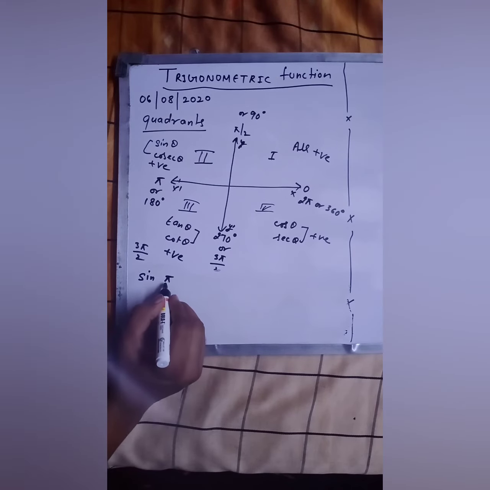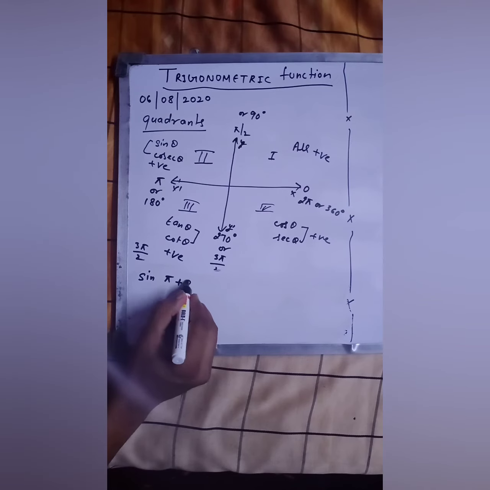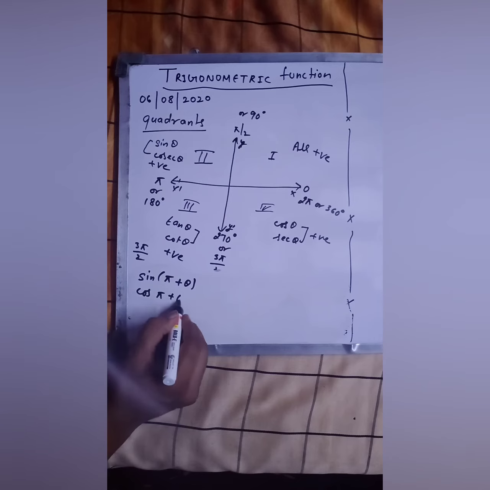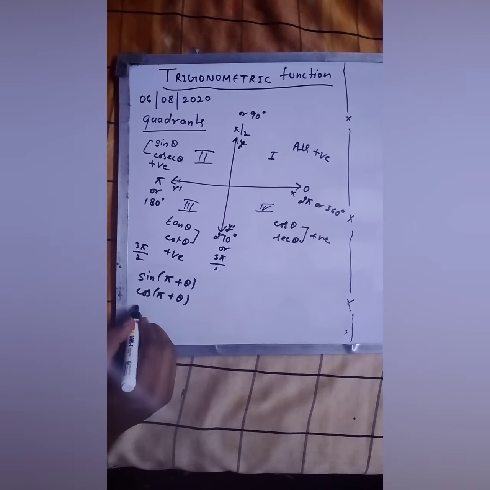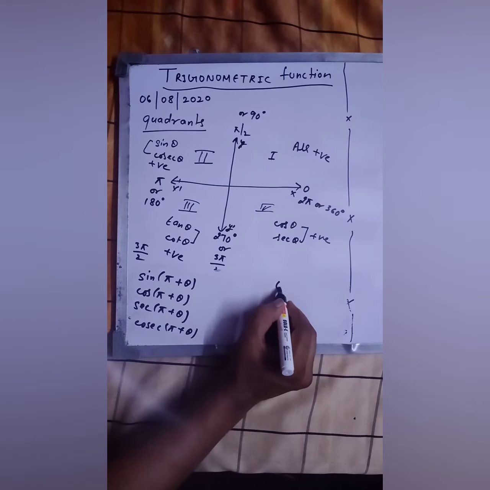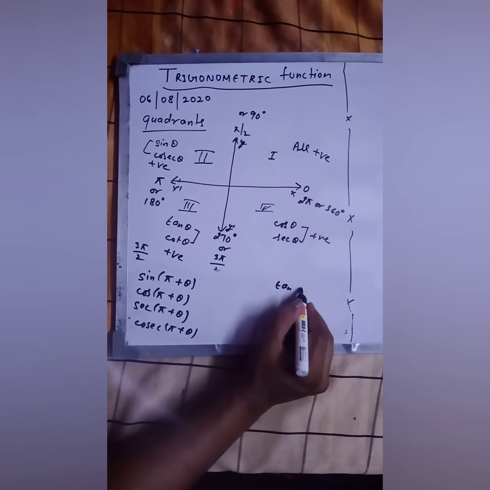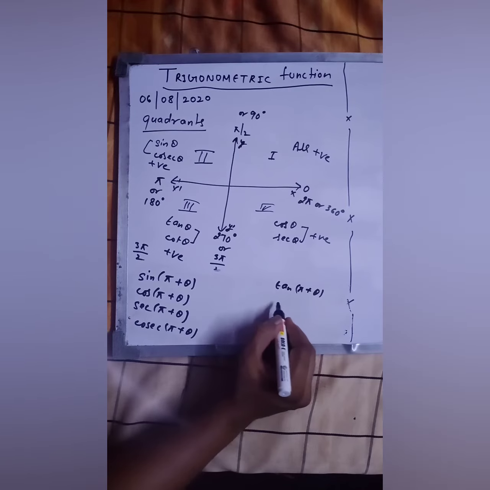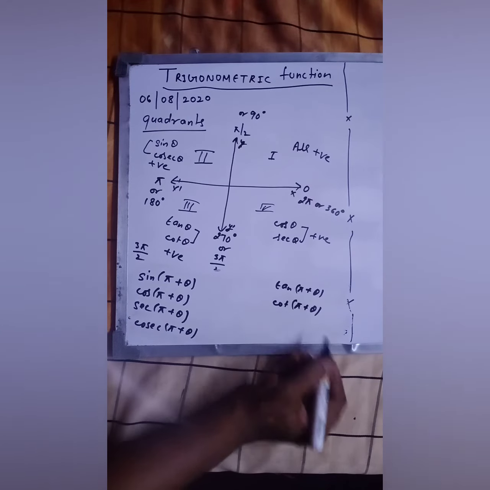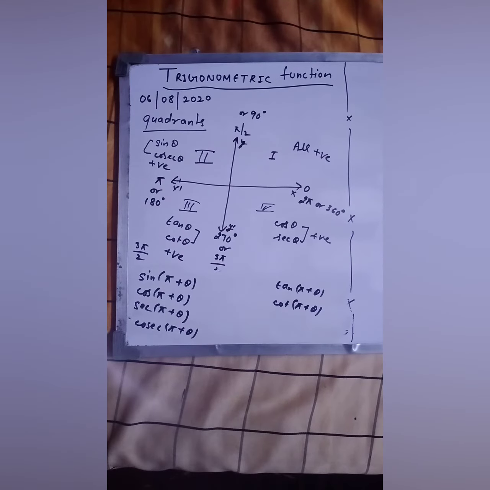So I'm writing here: sine pi plus theta, cos pi plus theta, sec pi plus theta, cosec pi plus theta, tan pi plus theta, cot pi plus theta. Okay.